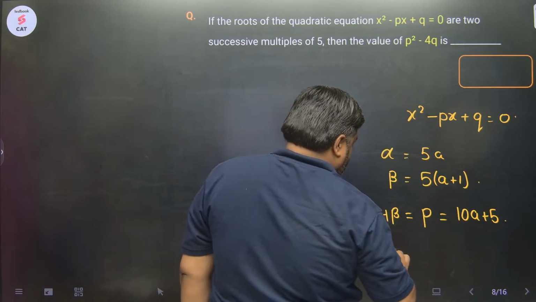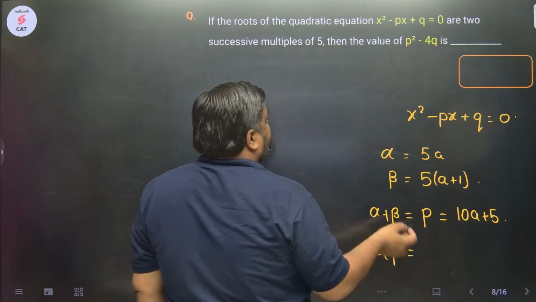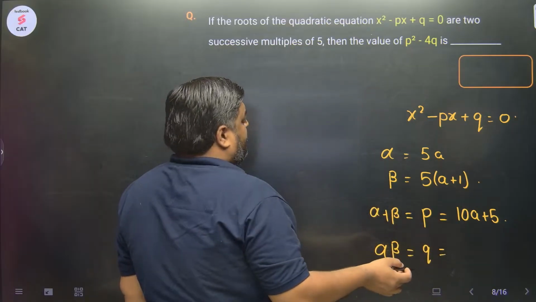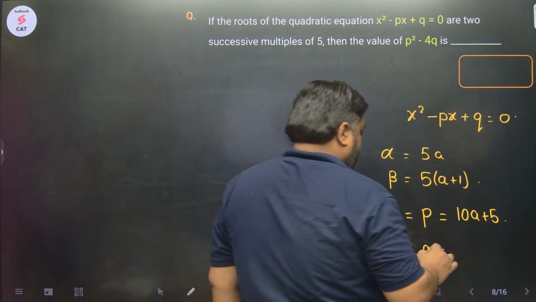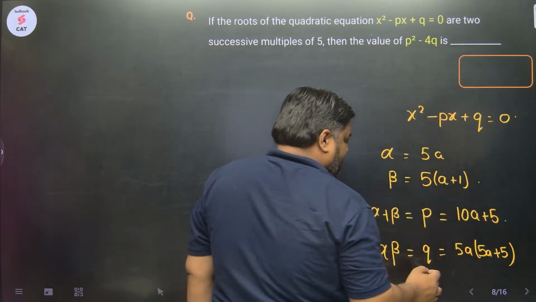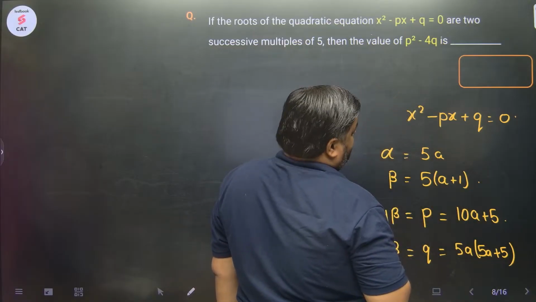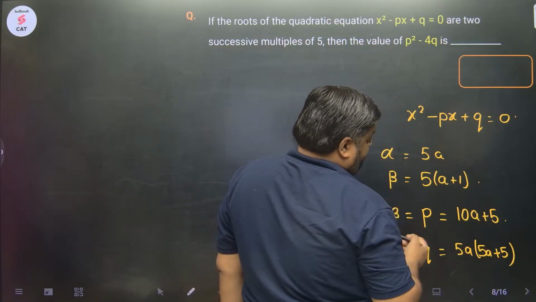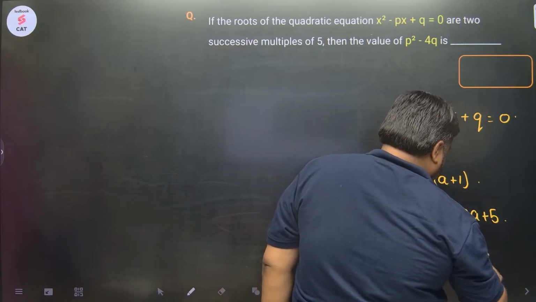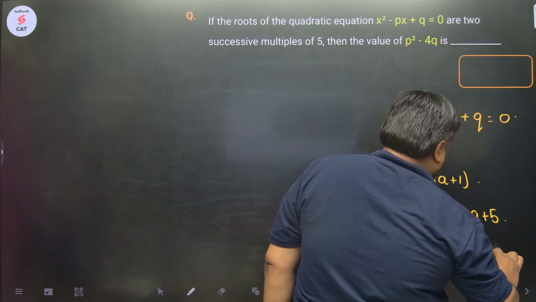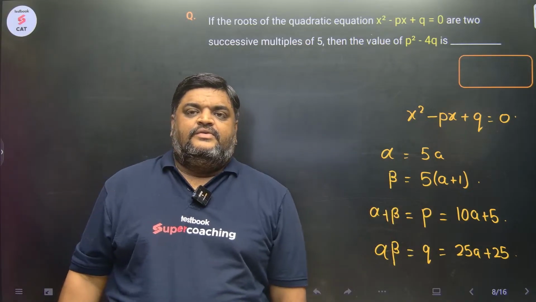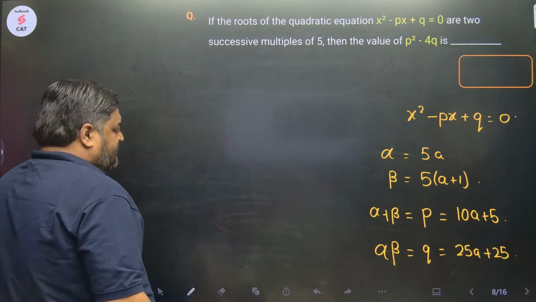Product of roots, alpha beta, is nothing but c by a, which is q here, which is equal to 5a into 5a plus 5. So this is 25a squared plus 25a, the product of roots alpha into beta. Very good.